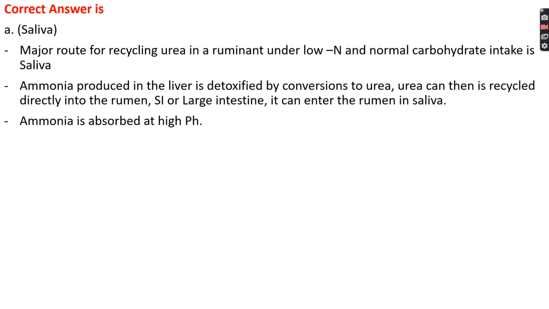Ammonia, which is produced in the liver, is detoxified by conversion to urea, and that urea can then be recycled directly into the rumen, small intestine or large intestine. It can then enter the rumen in saliva, and similarly ammonia is absorbed in the case of high pH value.